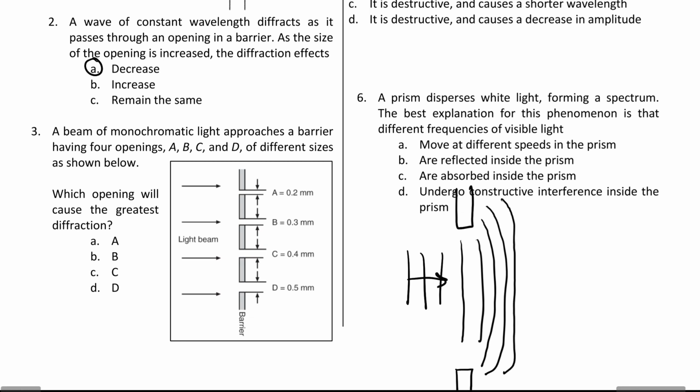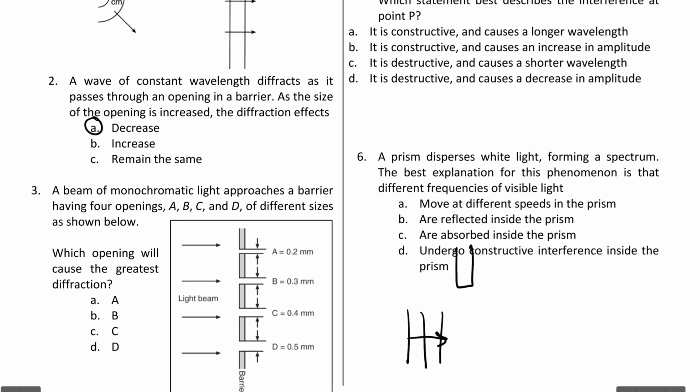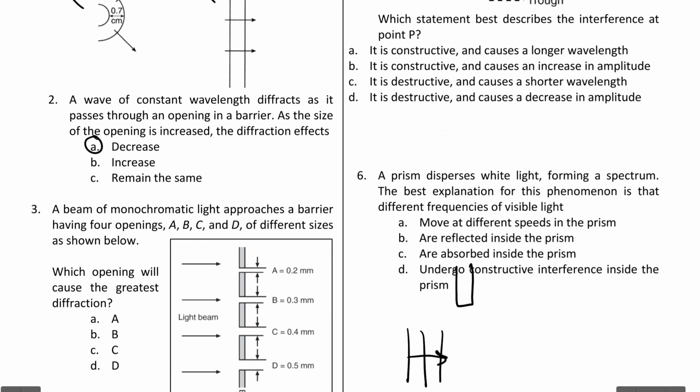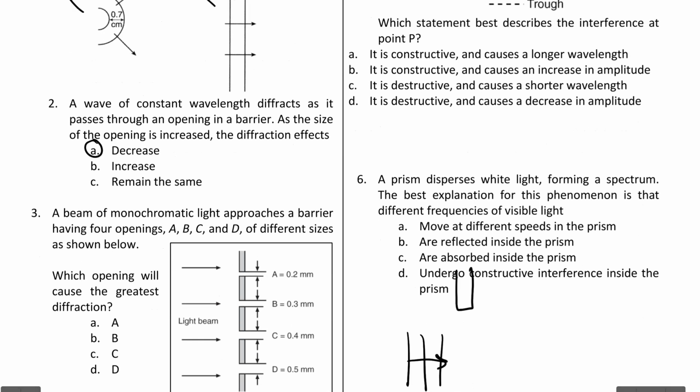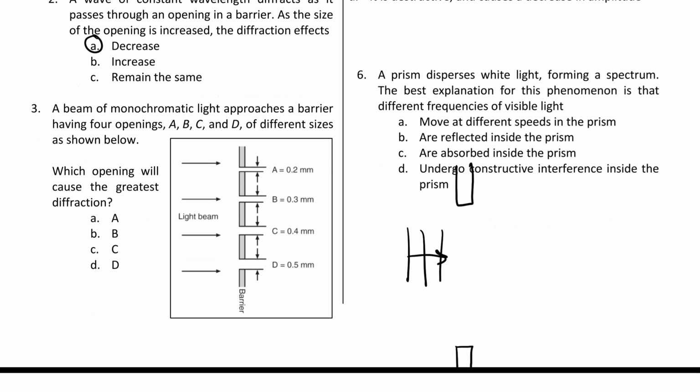And I changed the wavelength there, but you get the idea. The point is, the bigger the opening, the less diffraction there's going to be compared to the size of the wavelength. So also the wavelength compared to the opening has some effect. So as the opening is increased, the diffraction decreases.